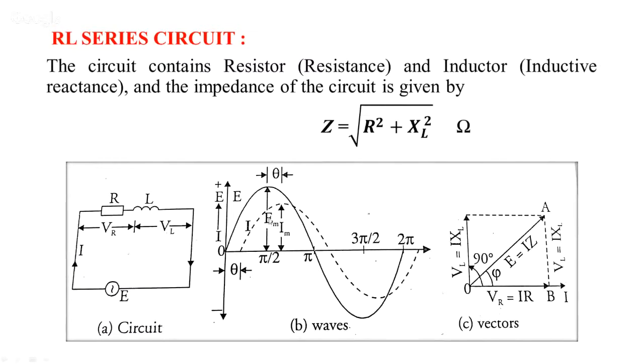Now we will understand how the alternating quantities, that is the voltage and the current, behave in case of an RL series circuit. So you can observe here, this is the voltage wave E, which is in thick line, and here the dotted line represents the current.